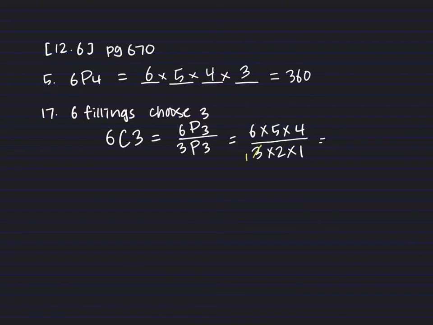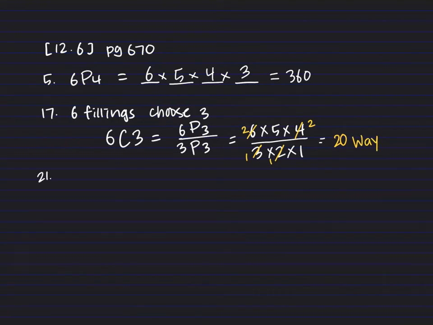I'm going to simplify this by 3 and this by 2, and I don't have any more. So your answer is going to be 2 times 5 times 2, which gives you 20. So you have 20 different ways to make your sandwich with 3 different fillings.